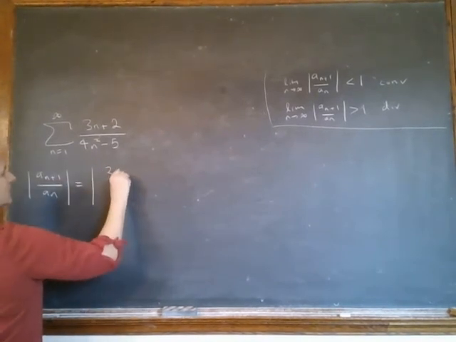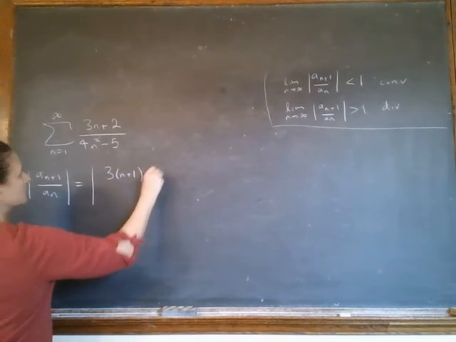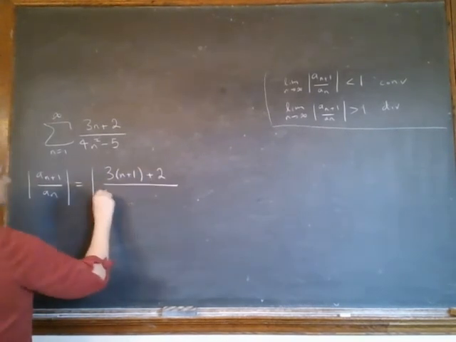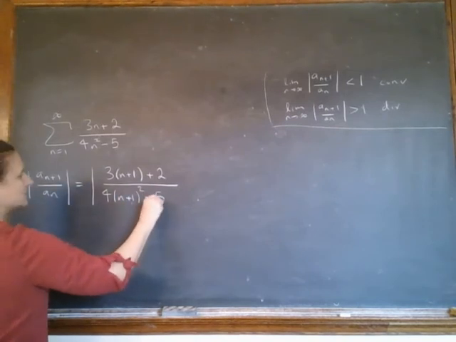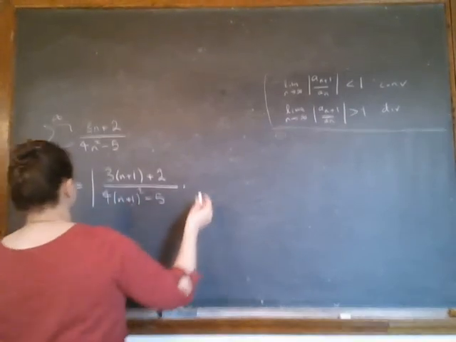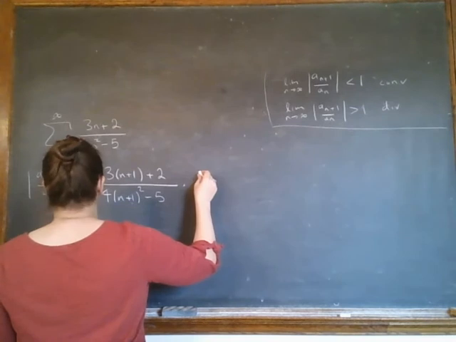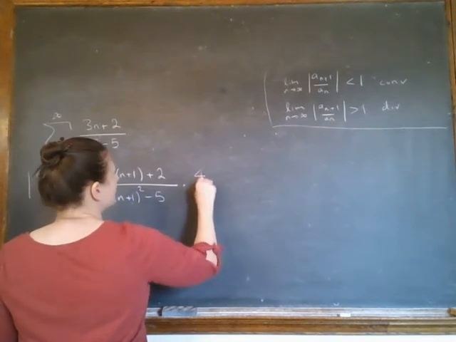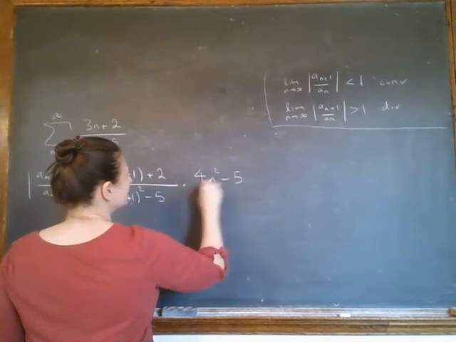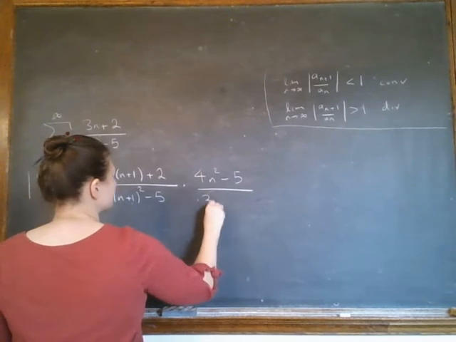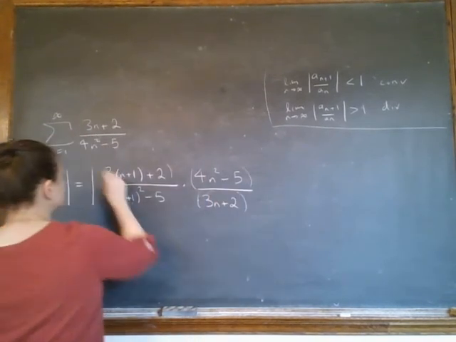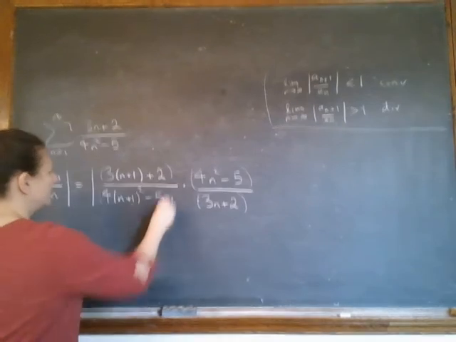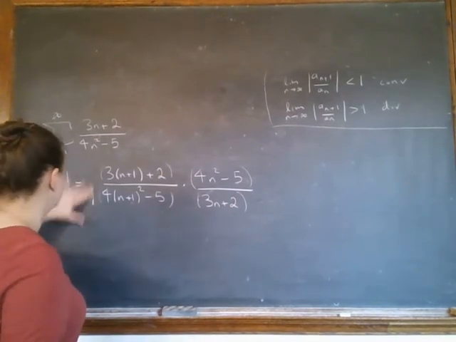this would be 3n plus 1 plus 2 over 4n plus 1 squared minus 5, and then multiply top and bottom by this. So we have to multiply this thing out. I put the absolute values, but honestly, these are all positive terms, so I don't need the absolute values.